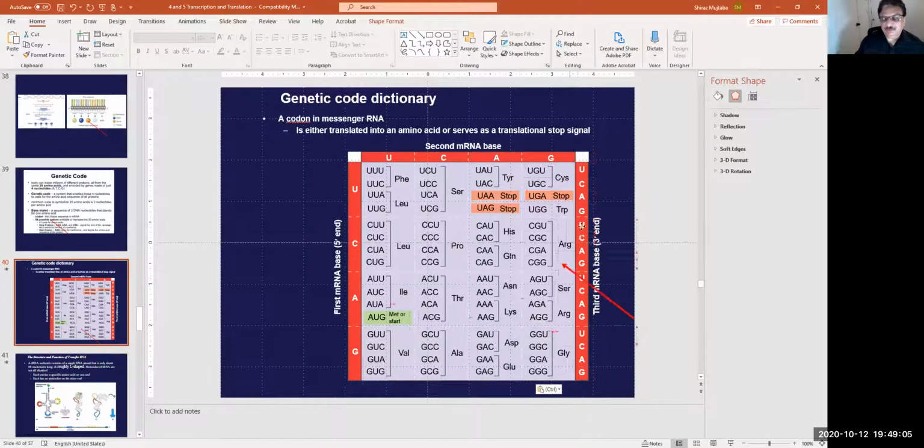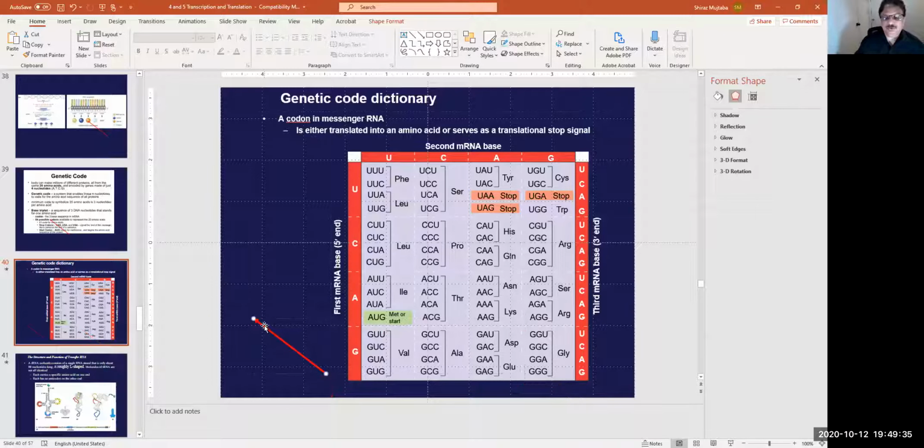These give rise to 4 times 4 times 4, 64 triple-nucleotide combinations, right? Out of this 64, 1 is the start codon, AUG, and 3 are stop codons, UAA, UAG, UGA. So out of the 64, 3 are stop codons, and the remaining 61 code for amino acids.